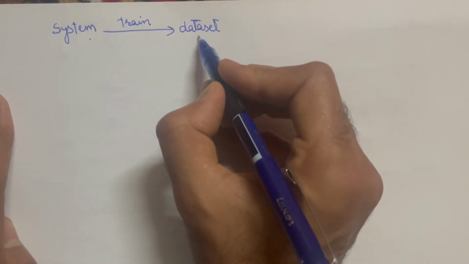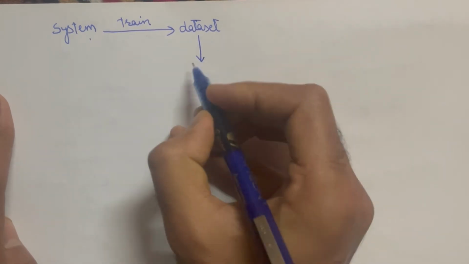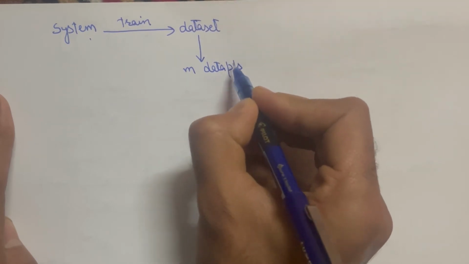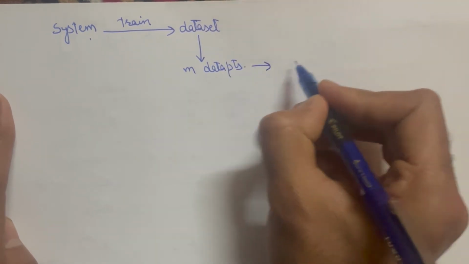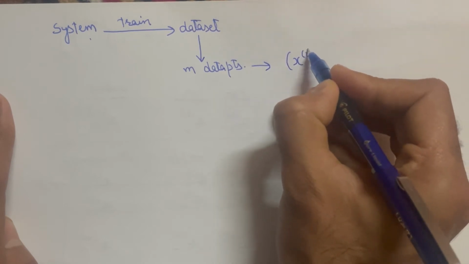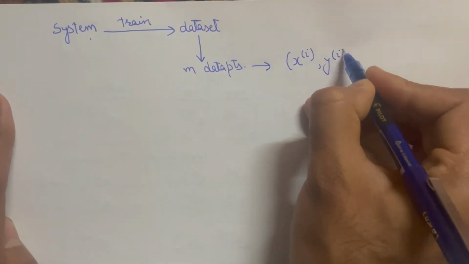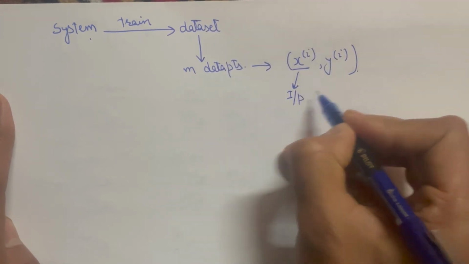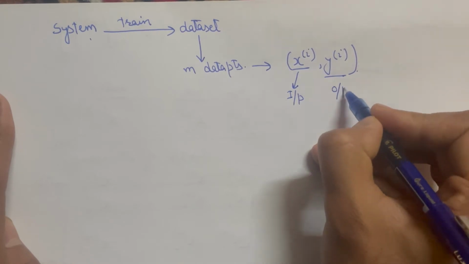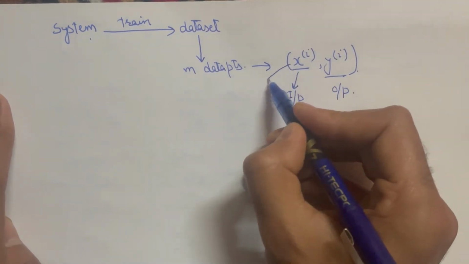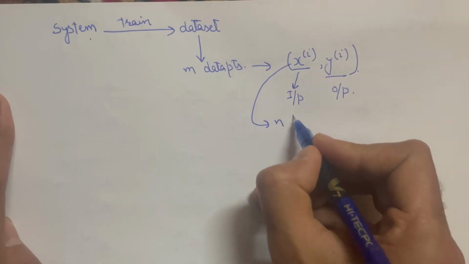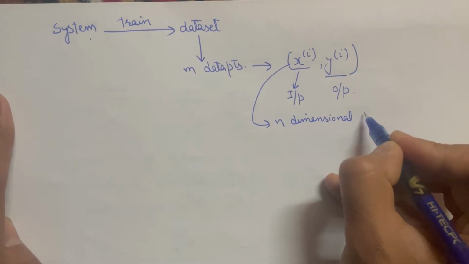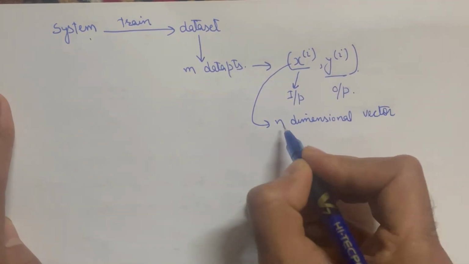The important characteristic of this data set is that it contains m data points, and every data point is of this particular format. So that means we are given both the input as well as the associated output, and every input is an n dimensional vector. So that means it has n features.